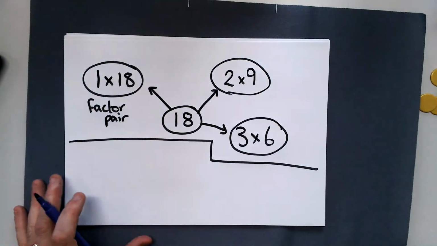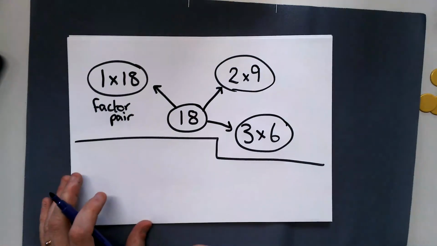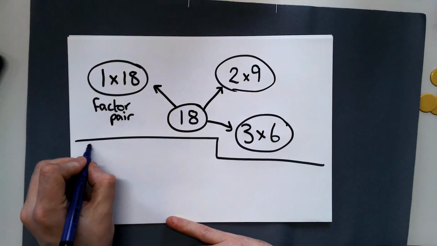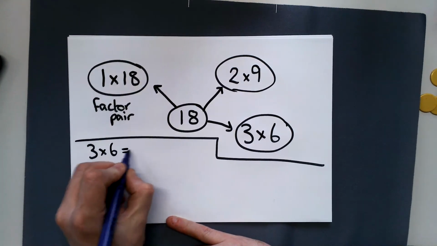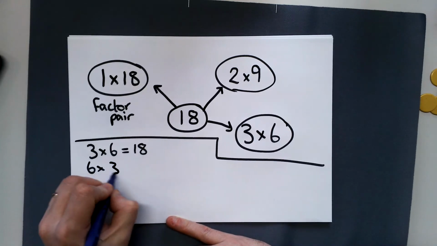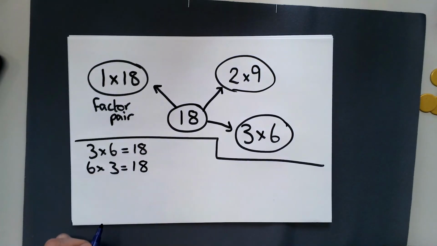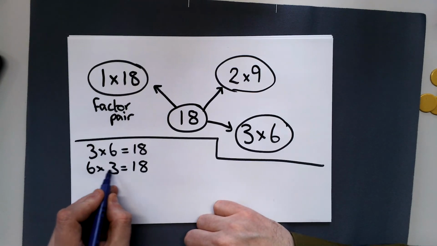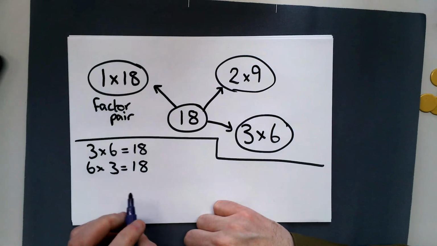Okay, so those are the factor pairs of 18. So I'm going to use them to make a bit of a fact family. So 3 times 6, I could have 3 times 6 equals 18. I could swap it around and have 6 times 3 equals 18. I could also use that multiplication to find out a division as well. So if I go forwards, I can go backwards and use the division as well.